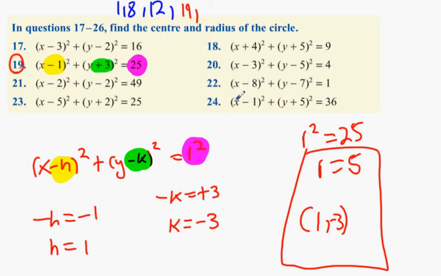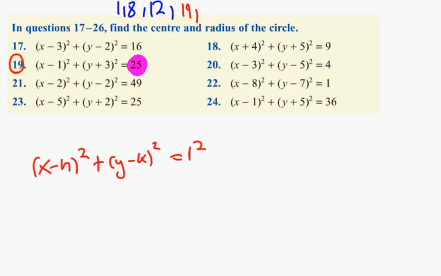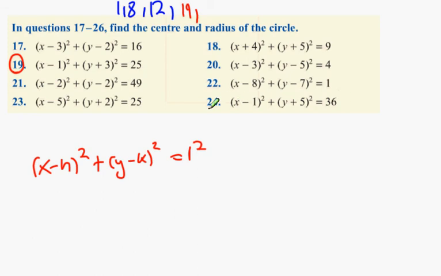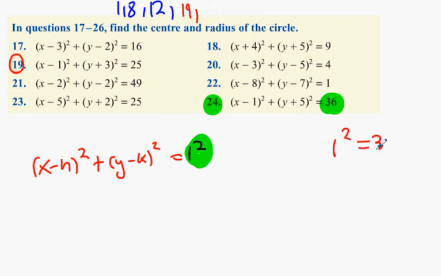Let's try another one. Question 24. Okay. Now with question 24, guys, what we can see here is the same deal. Just go back to your equation. 36 equals what part of this? r squared. So r squared equals 36. What does that mean? r equals 6. Okay. Then you're going again.